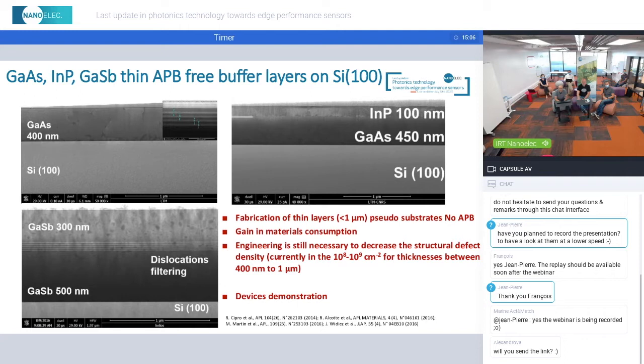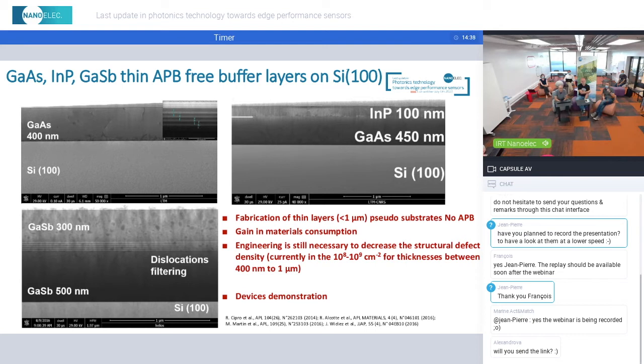So at the top left, I show a cross-section of gallium arsenide we have grown on silicon 100. At the interface, perhaps you can see that it's a little bit darker. So it's where the defects are concentrated. And when you go from the bottom to the top of the gallium arsenide material, you see that the structural defects are less and less present, but still we have threading dislocations which emerge at the surface.